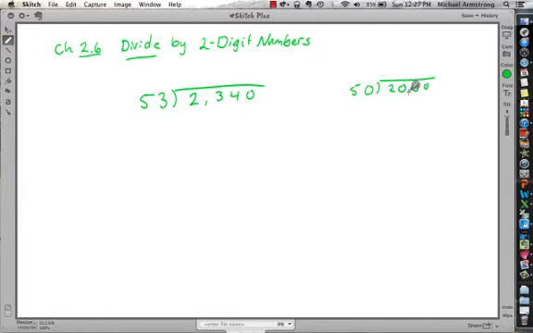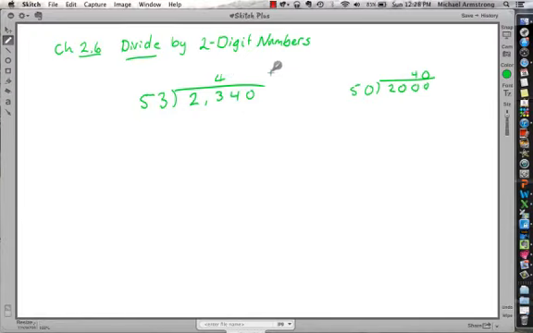So 50 would go into 2,000. 50 doesn't go into 20, but it goes into 200. So 5 times 4 is kind of what we're looking at. So 40 times 50 is 2,000. So we're going to use this estimate to kind of help us to get started.